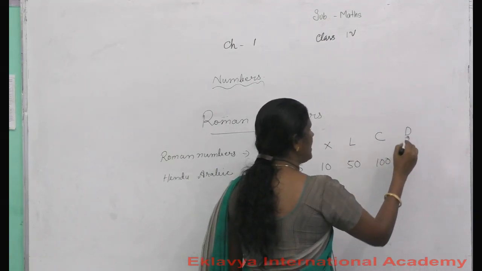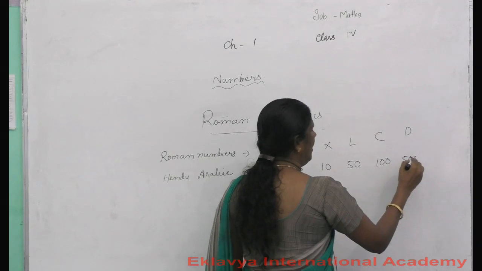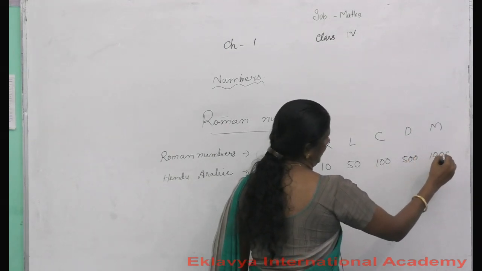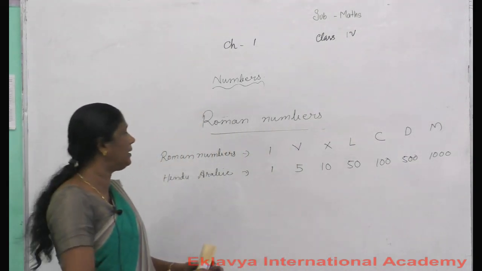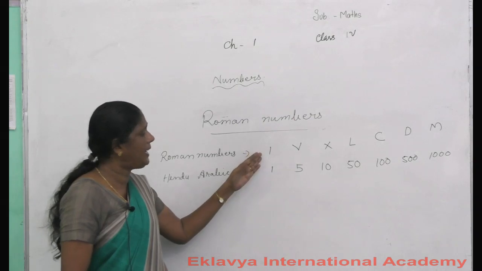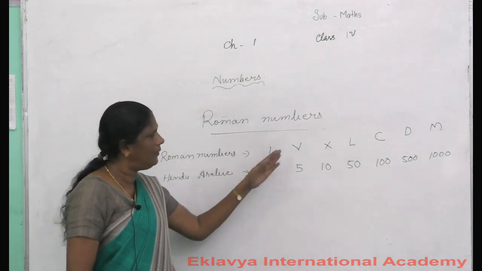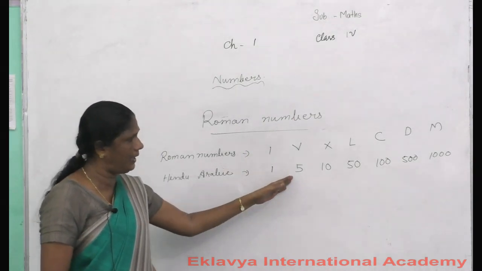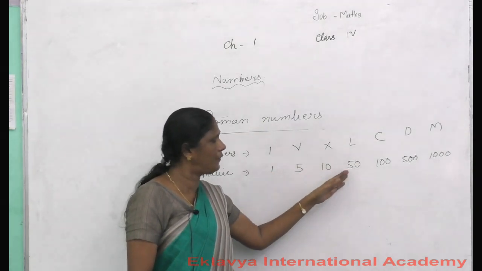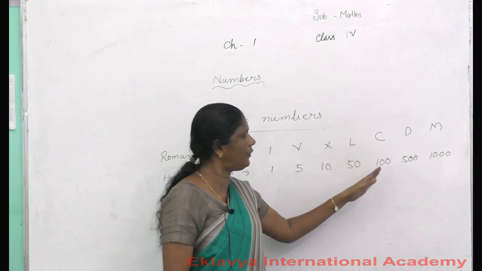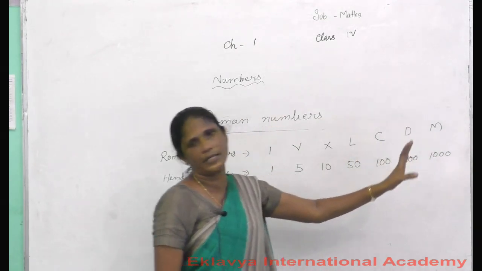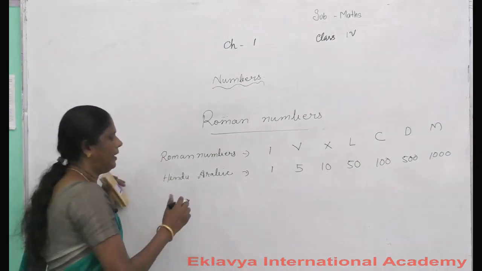Then D stands for 500. Last M, M stands for 1000. What are the symbols? I stands for 1, V stands for 5, X stands for 10, L stands for 50, C stands for 100, D stands for 500, M stands for 1000.